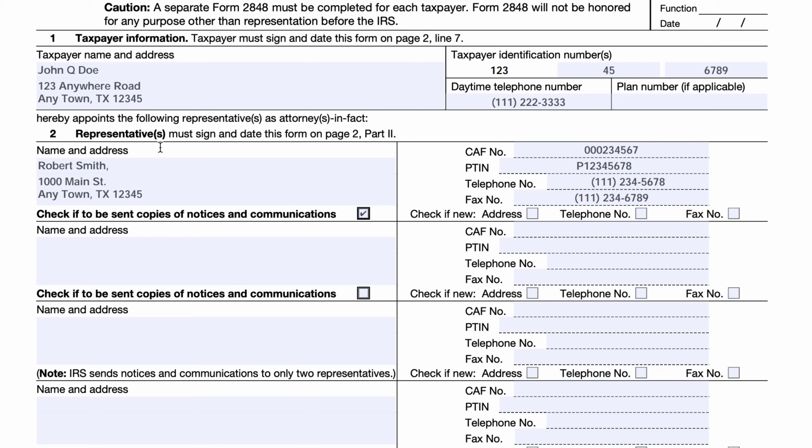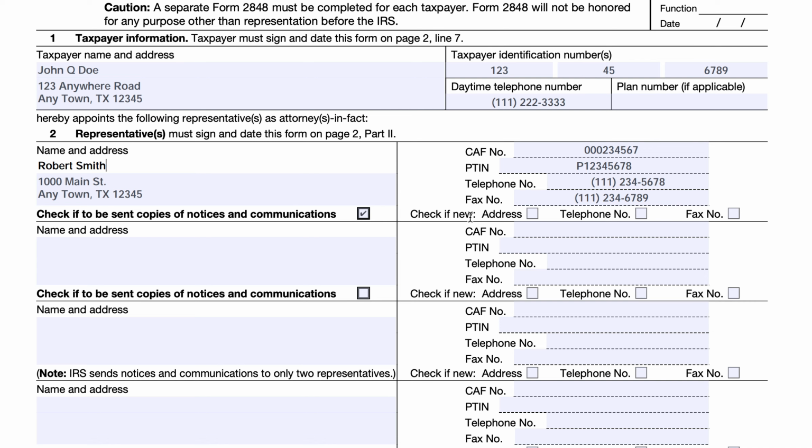So name and address go on the left-hand side. The CAF number is a number assigned by the IRS for someone that may already be listed as either a power of attorney by someone else or someone that's authorized to receive tax information.